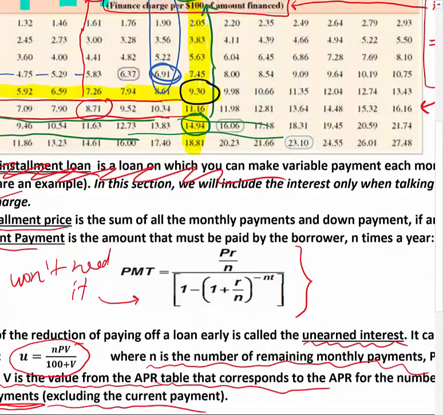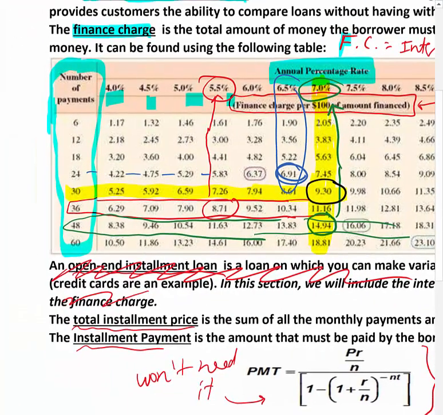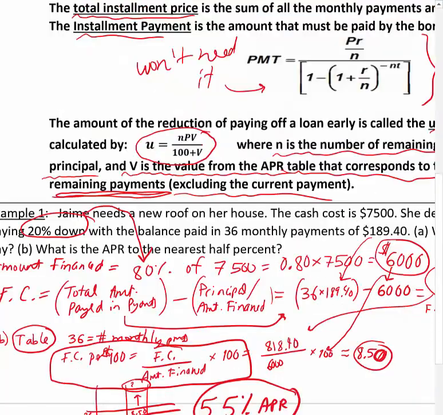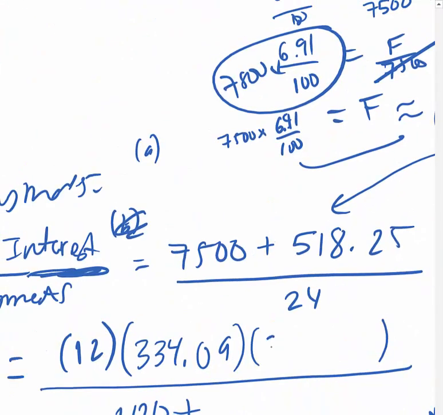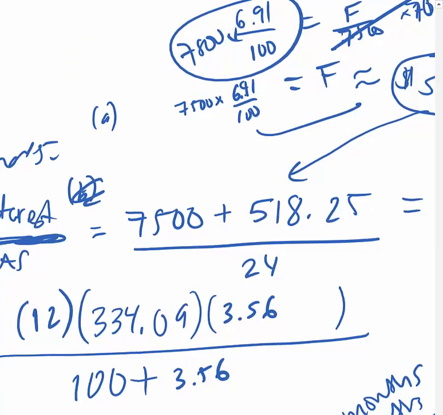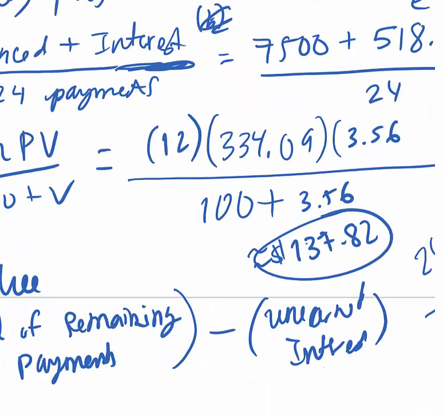In the row with 12 and the column with 6.5, that would be this guy right here. That's below the 6.5 and to the right of 12 payments, 3.56. That must be the value we want here. 3.56. Okay, and I'll calculate that guy and we'll see what we get. And then we're almost done with this problem. Okay, so if you round to the nearest cent, it's 137.82.